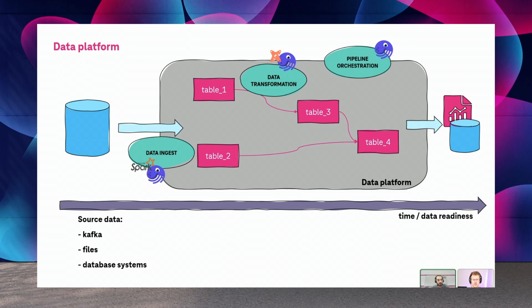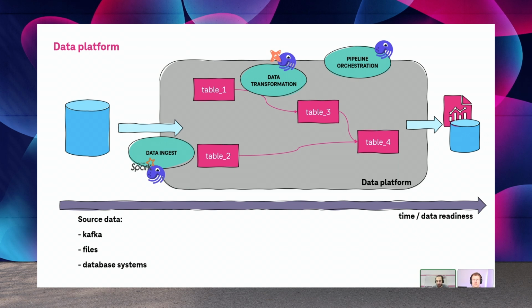This picture is basically just a high-level representation of our platform, where we go from the very left ingest into the platform, doing some transformation, and then providing the data for the upstream consumers of our platform.